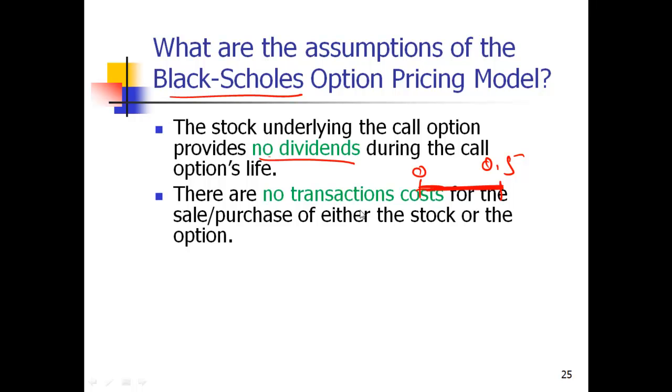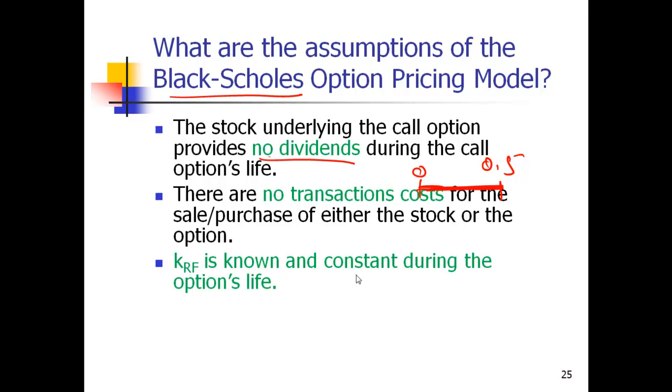So imagine how complicated the formula would be if they did not make these assumptions. What happens in the real world is these assumptions are made to come up with a base formula, and then one by one you can remove those assumptions and make the formula more and more complicated. But we are just starting at the base level right now.